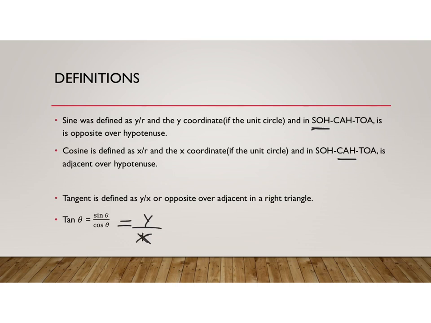Tangent is y over x. So sine is y over r, cosine is x over r, and tangent is y over x. If on the unit circle when r is 1, sine is just the y, cosine is the x, tangent would be y over x also.